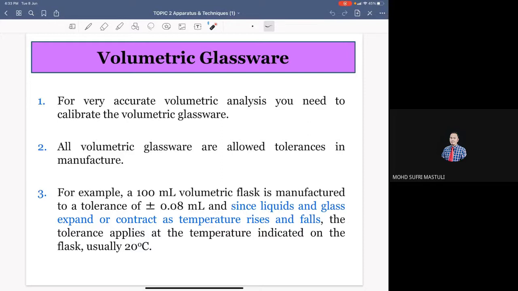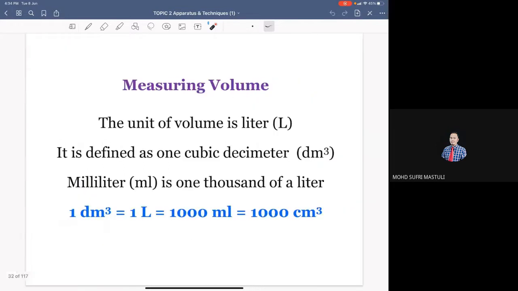Since the liquid and the glass can expand or contract as the temperature rises and falls, the tolerance applies at the temperature indicated on the flask, usually 20 degrees C.